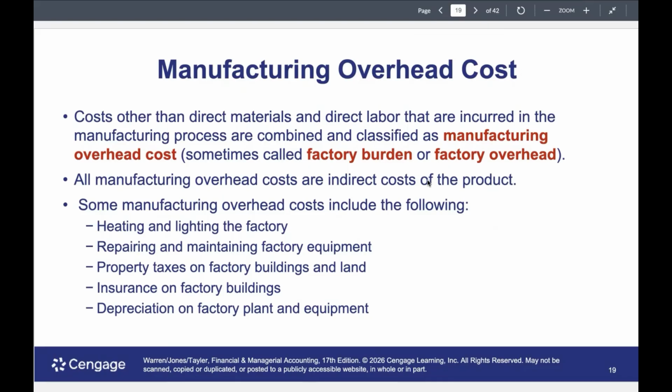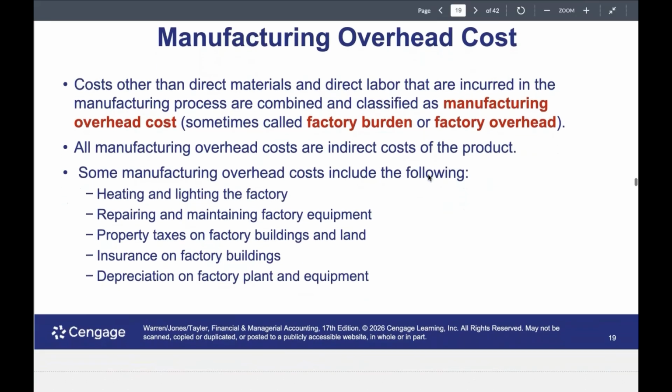These combined costs are your indirect costs to the product. An example would be heating and lighting the factory. Now, you may say, okay, these are utilities. They are directly needed to make that guitar or whatever product we're making. True, you do need these utilities, and it is important to have these when you're making your product.